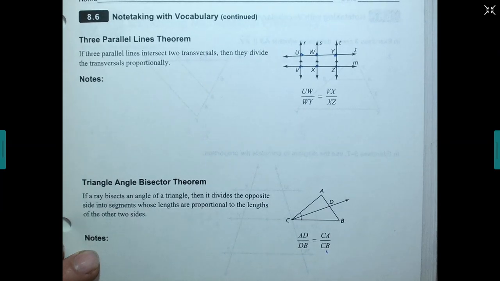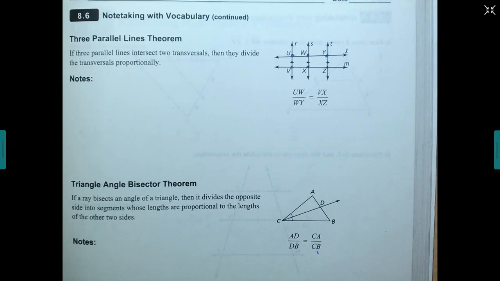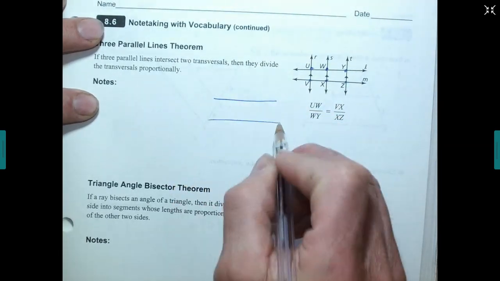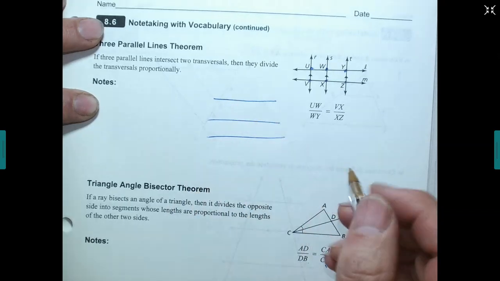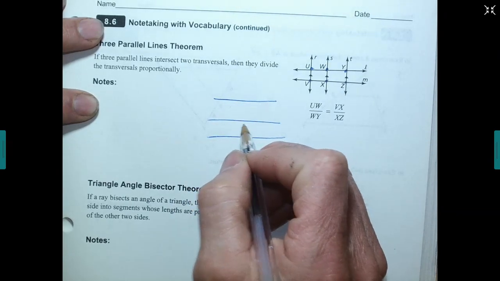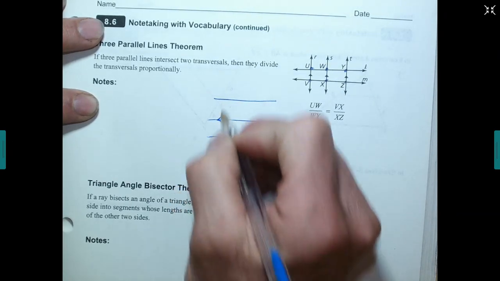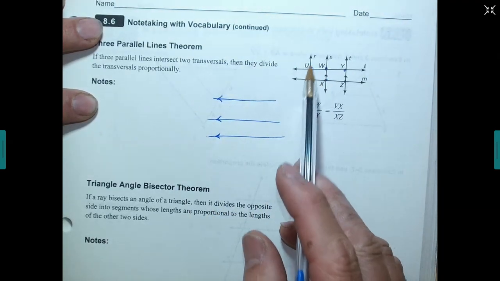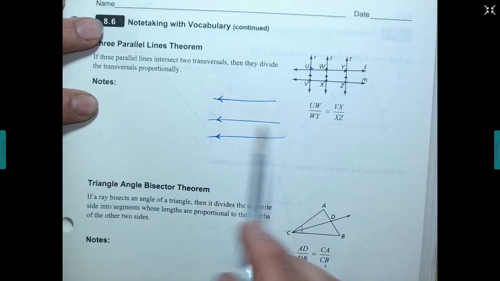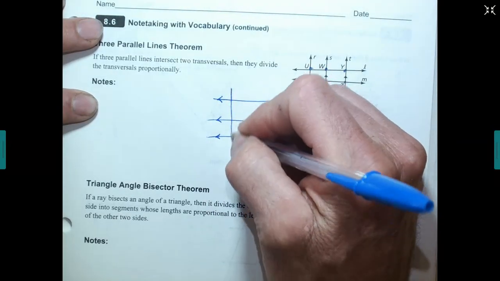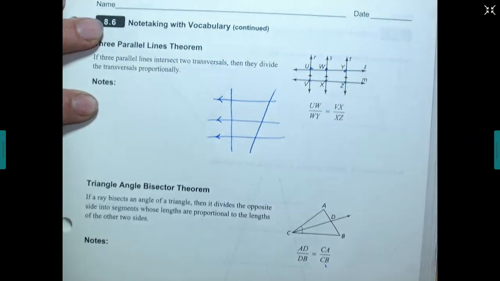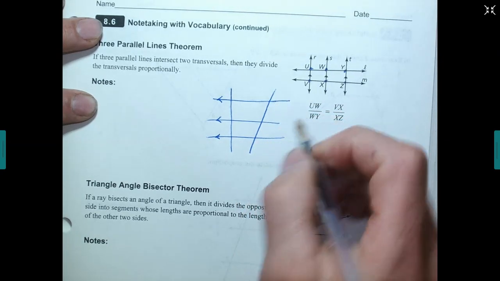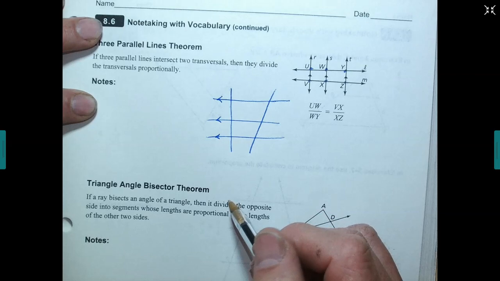Well, how does that play out in the real world? Let's draw it. So I'm going to tell you that these 3 lines are parallel. It doesn't really matter what this is. It just shows us we have 3 parallel lines. So now my parallel lines are going this way. I'm going to have 2 transversals. These transversals are not parallel, right?